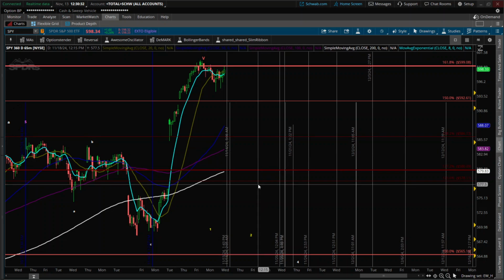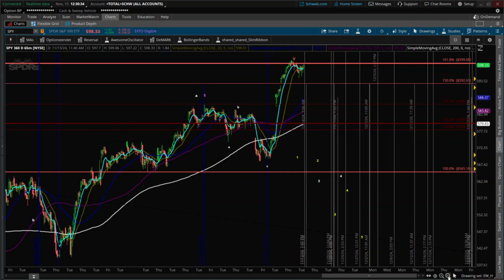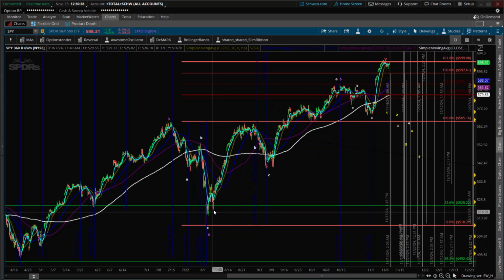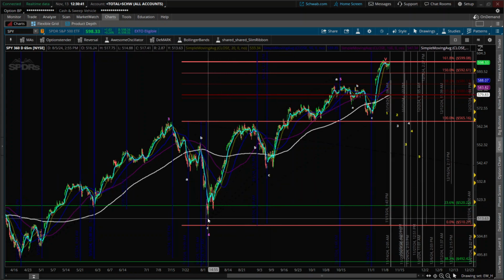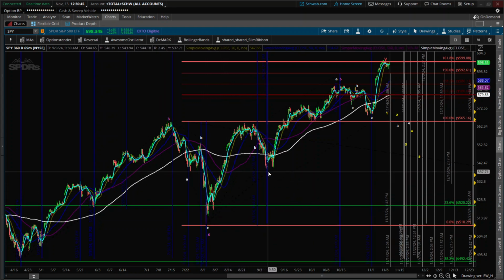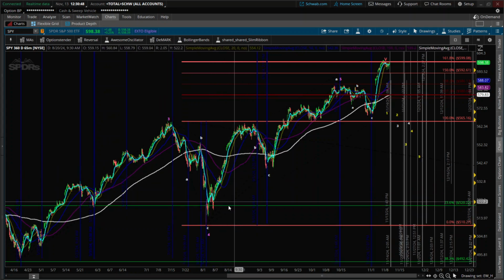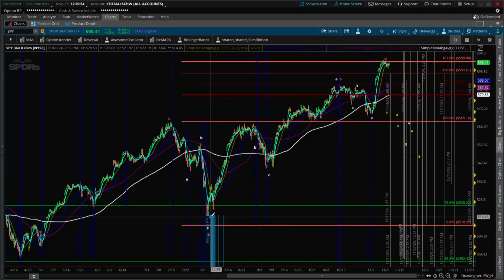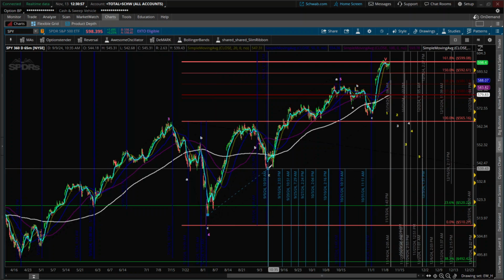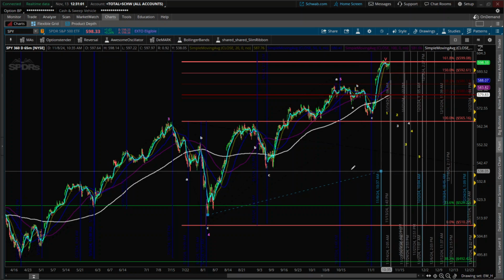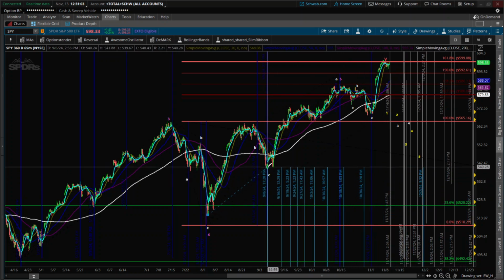And I'll do a full video on this, but just to give you a clue of how we get these time and price relationships in the near term, and we do this on all time frames, we take the bottom of a move and maybe compare it to another bottom. So we take our time ratio tool, pick a bottom, put the relationship to another bottom, and then it gives us some clusters out in the future for time relationships.